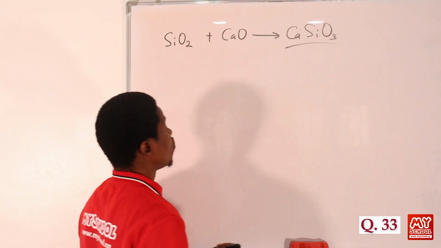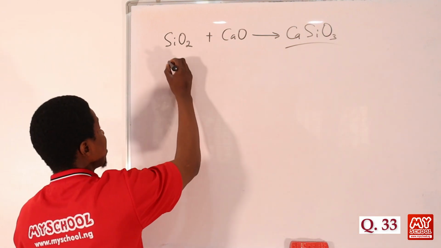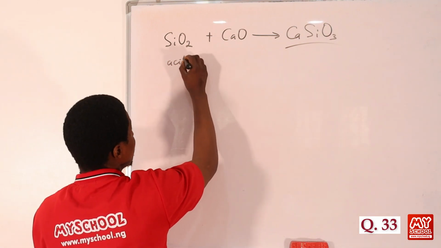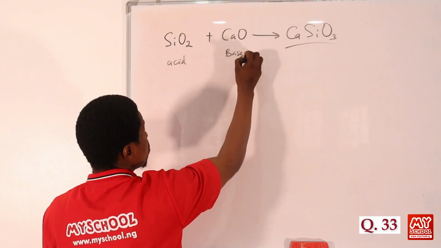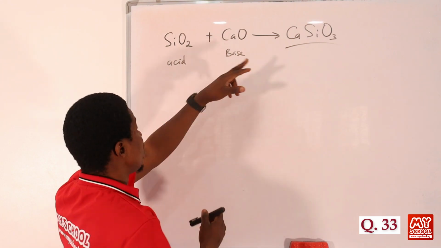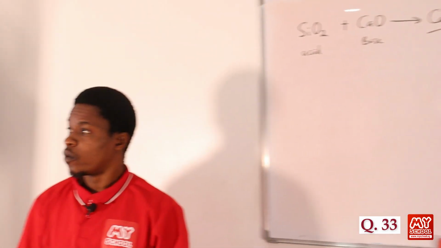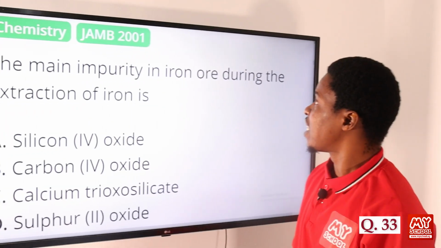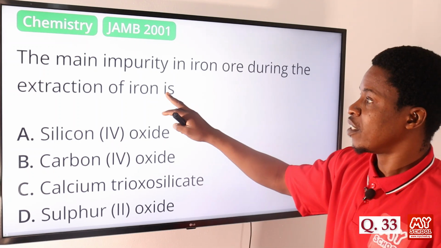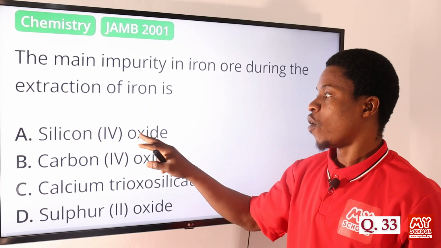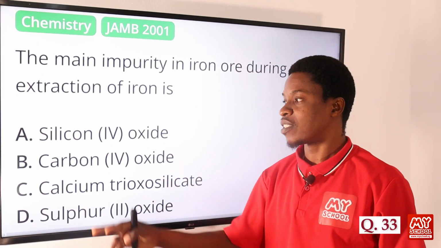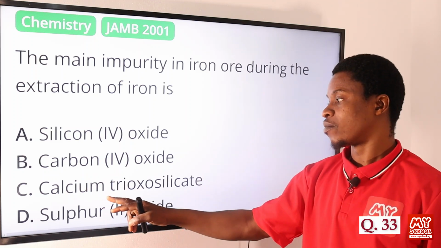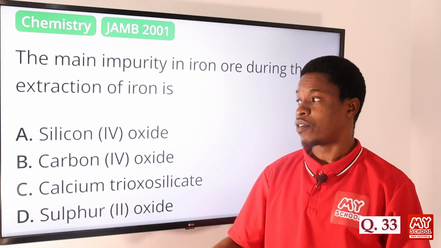Then this will be removed eventually. This one serves as the acid, while this one serves as the base. It's a neutralization reaction, so we have a salt there. In other words, the main impurity in iron ore during the extraction of iron is silicon(IV) oxide, or silicon dioxide, not carbon(IV) oxide, not calcium trisilicate, not sulfur(II) oxide. The correct answer is option A.